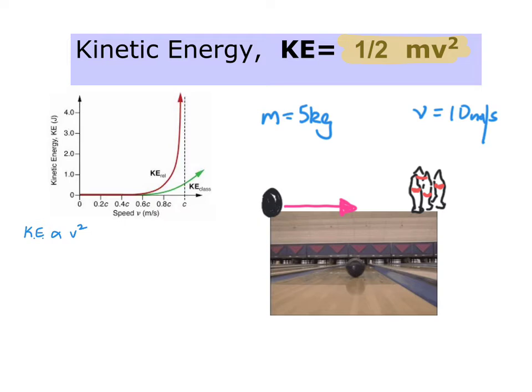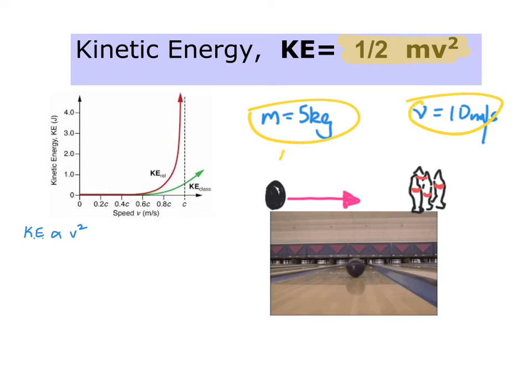So if we look at an example here, the bowling ball is thundering in. Of course, it's going to hit these pins. It's going to do mechanical energy work, it's going to set them in motion. The bowling ball has, let's say, a mass of 5 kilograms and a velocity of 10 meters per second.